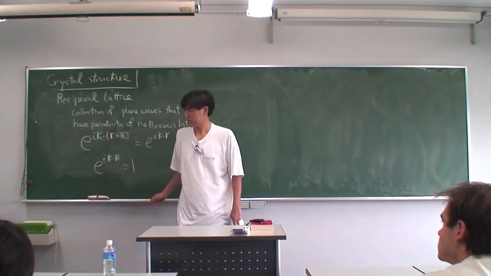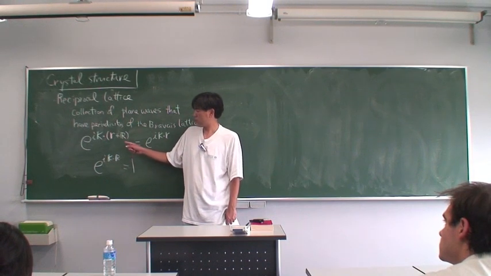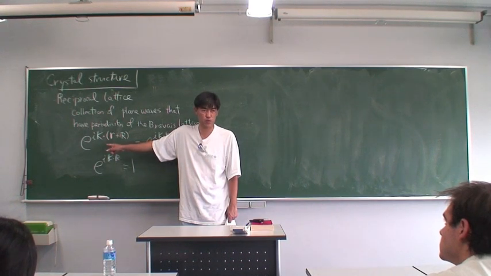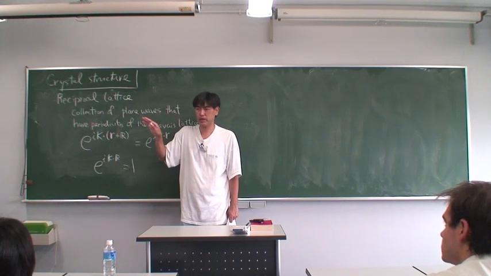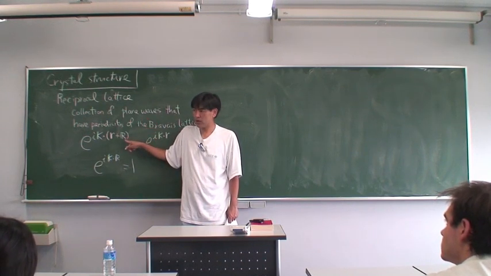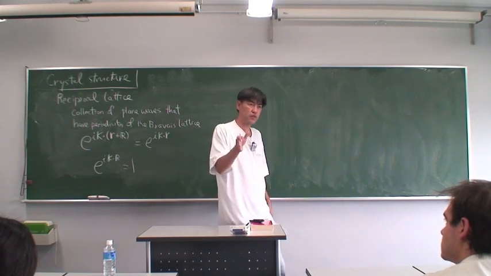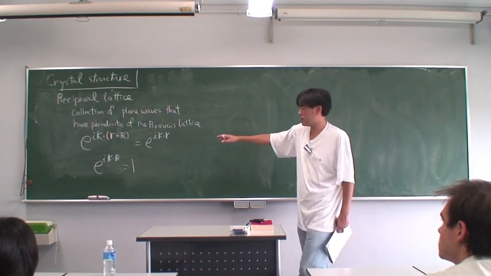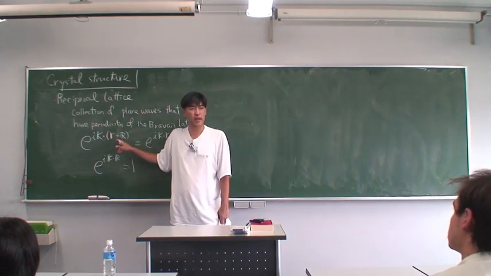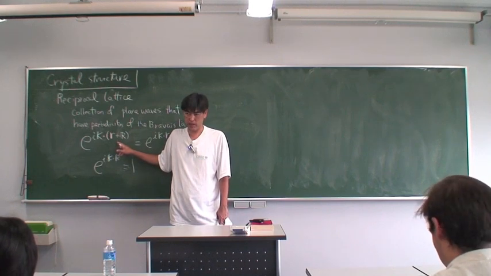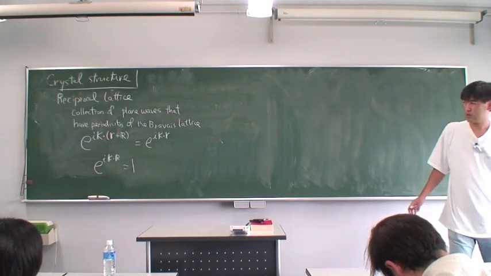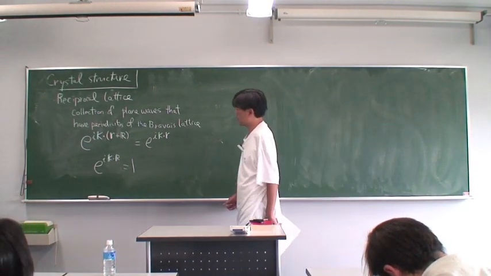Okay? Let me just tell you what we have here. K is a reciprocal lattice vector. I will show you what it is. r is just an arbitrary vector in real space. Large R is a translational vector between Bravais lattice points. Remember, I defined it already: large R is given by a1, a2, a3 with integer multiples.